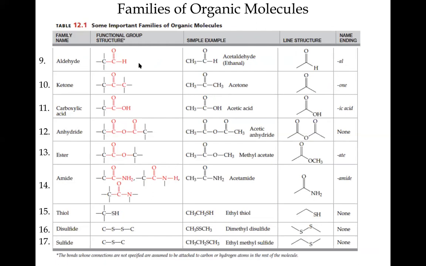We can call aldehydes Al. So acetaldehyde is the simplest version. It's going to be this functional group here, carbon, double bond, oxygen, hydrogen, right? And then just one methyl group. That's about as simple as it gets.